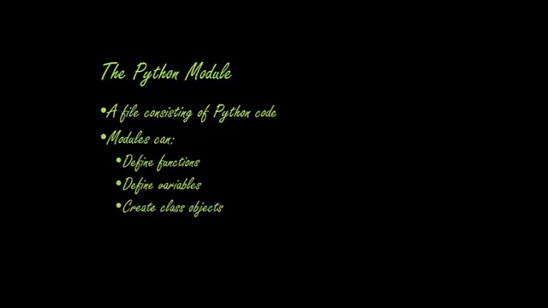Also, we can create class objects, and we're going to get into classes after we finish the modules. What we would create using a module is a class object instance. We'll talk more about classes and instances and how we create them in a week or so. And then, of course, the ideal thing for a module is that it runs repetitive commands.